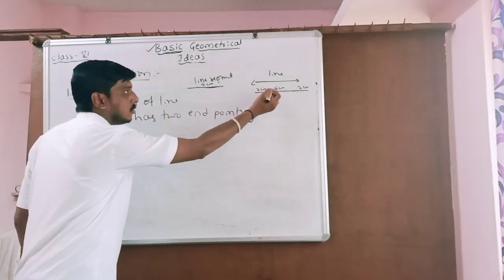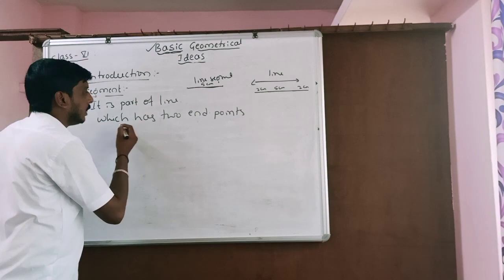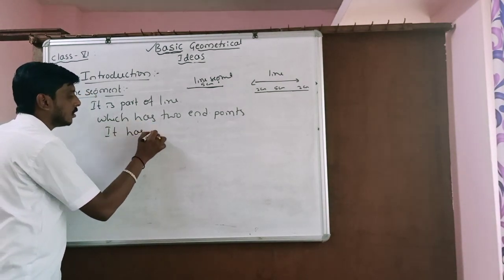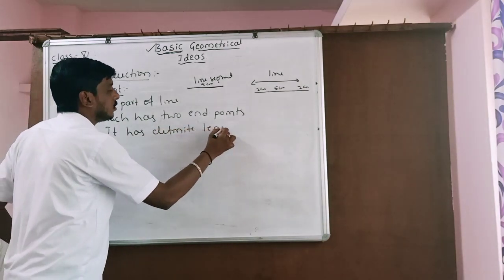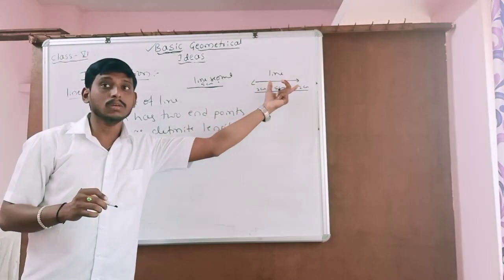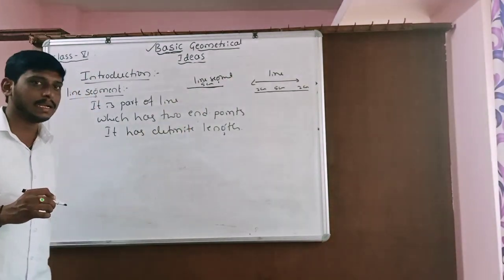A line we can extend on both sides, but a line segment we cannot. With endpoints, it has a definite length. A line has a length but not a definite one. So this is the difference between a line segment and a line.